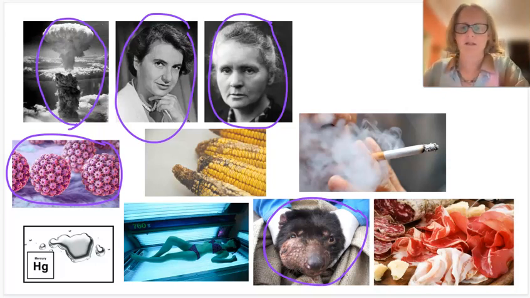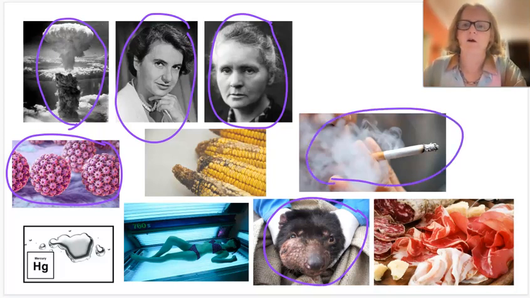There's a few other interesting pictures here. We all know that smoking is bad for you. There are lots of reactive species that are generated during smoking. And there are chemicals in tobacco like benzene that are also carcinogenic or cancer-causing. And those reactive species will attack DNA. We've got some moldy sweet corn here.